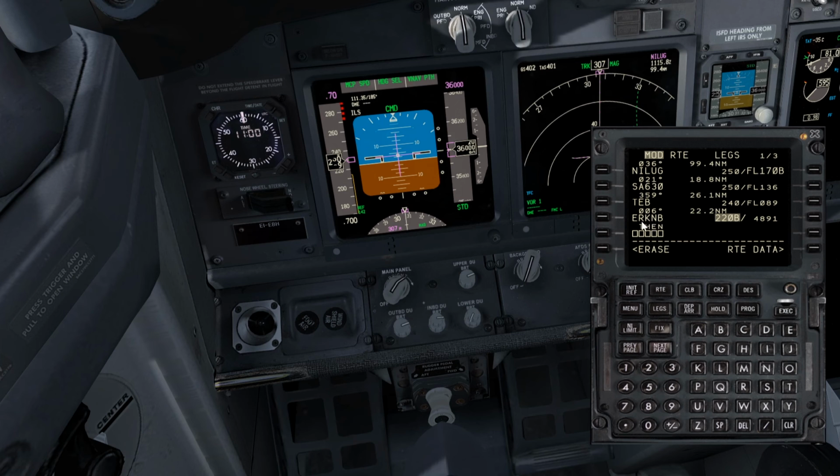So before we reach Erken, if we haven't received any instructions, we have to ask what ATC wants us to do. But in this case, we can just connect the centerfix 19 left with Erken.